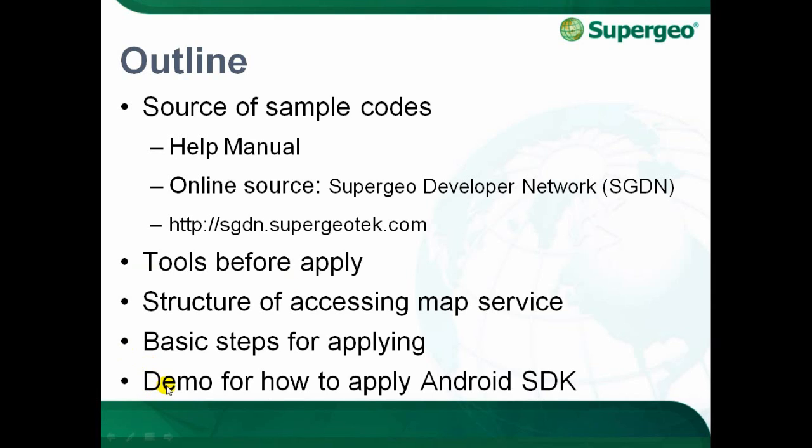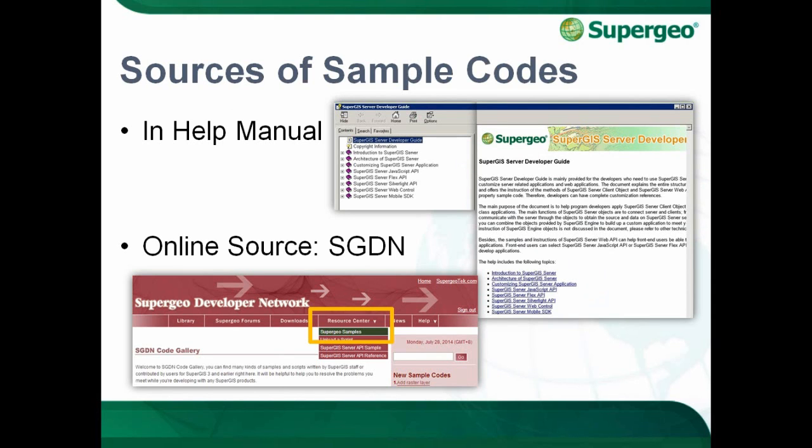The final one is the demo time. I will have two examples to show you how to apply the Android SDK to access the map service published by our SuperGIS Server. So let's continue with the first topic, the sources of the sample code.